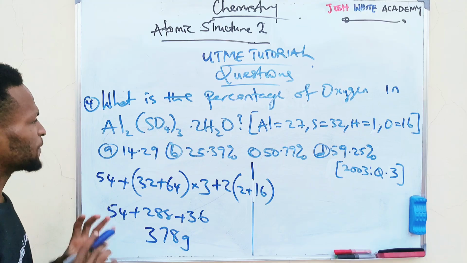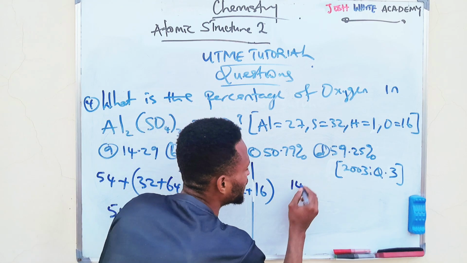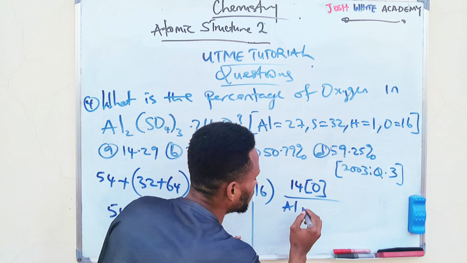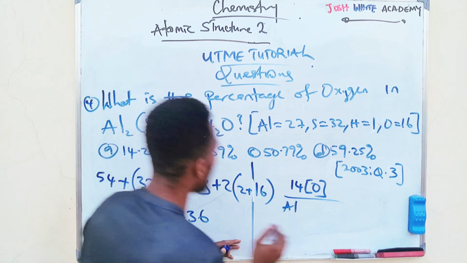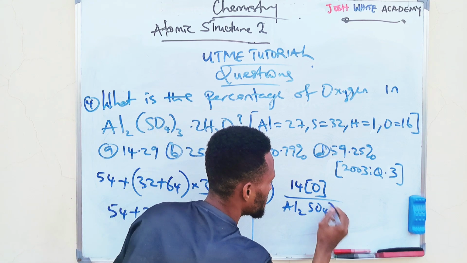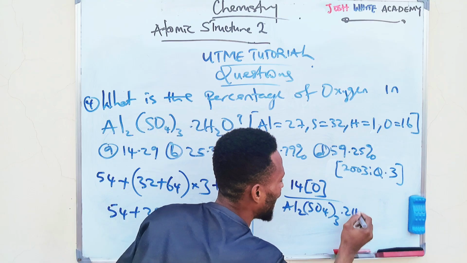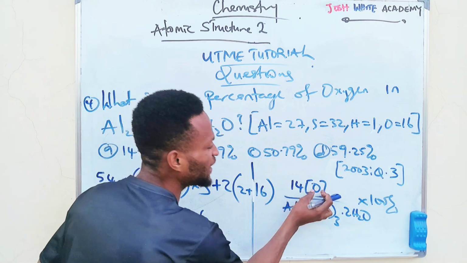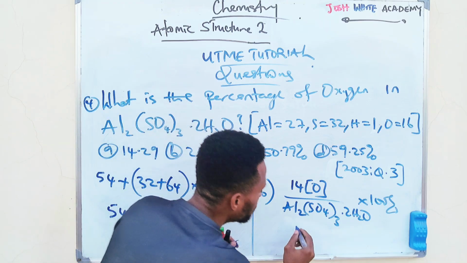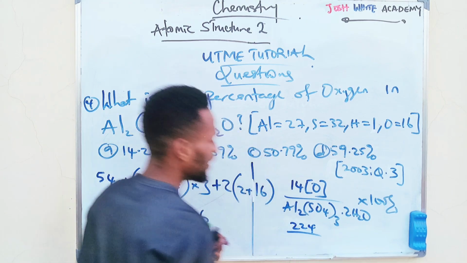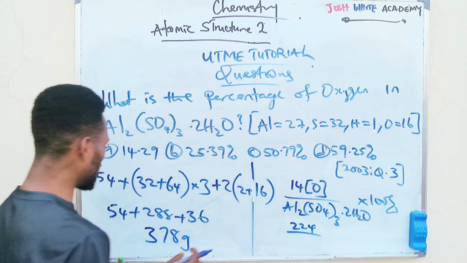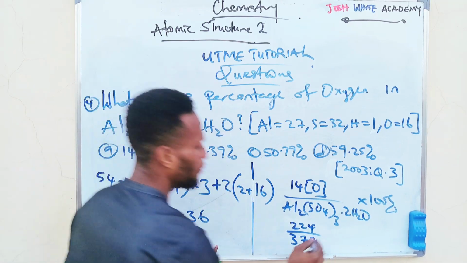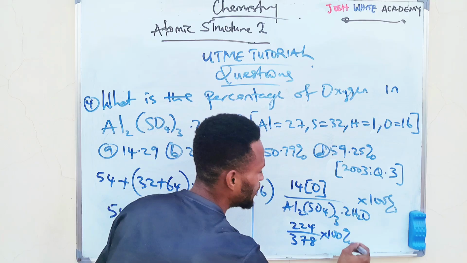I don't know if you get it. That means we have 14 atoms of oxygen divided by our aluminium sulfate dihydrate multiplied by 100%. 14 times 16 will give you 224 divided by our aluminium sulfate dihydrate, which is 378, multiplied by 100%.